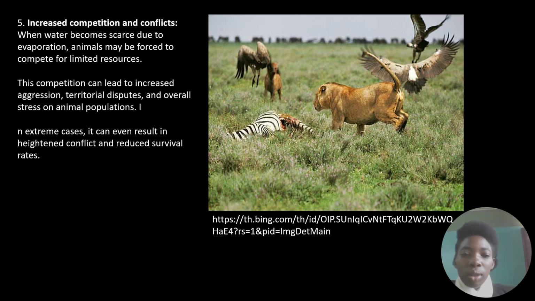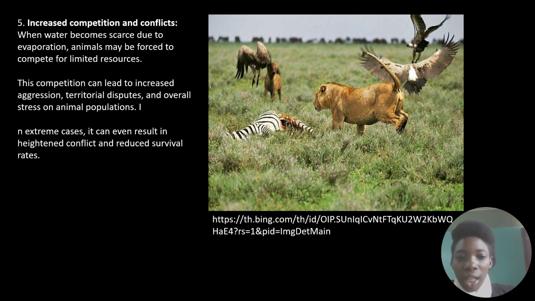And also, the evaporation rate can increase competition and conflict. Where the evaporation rate becomes excessive, the water bodies may dry out. When resources become scarce due to evaporation, animals may be forced to compete for the limited resources.